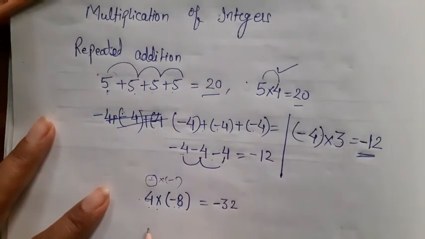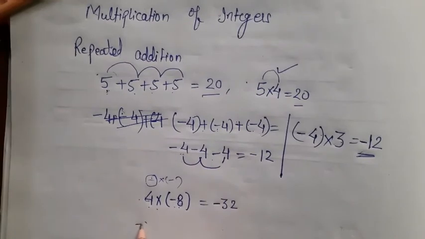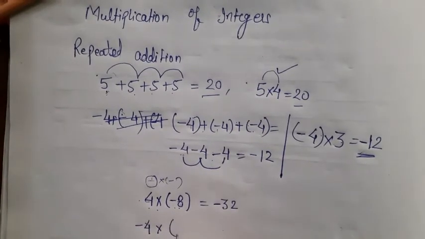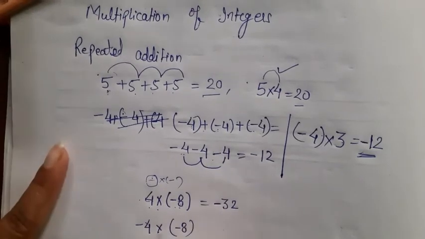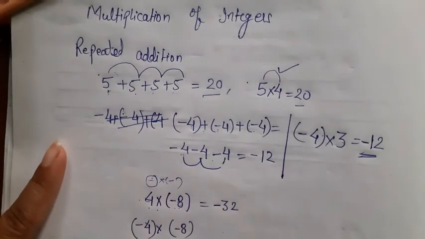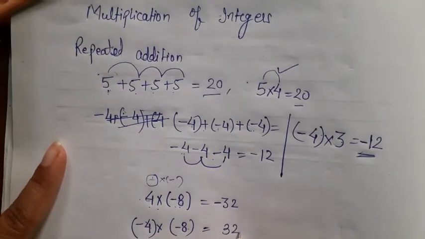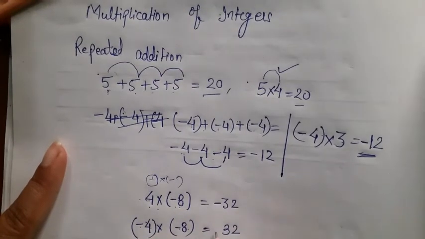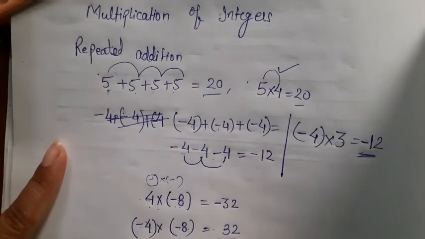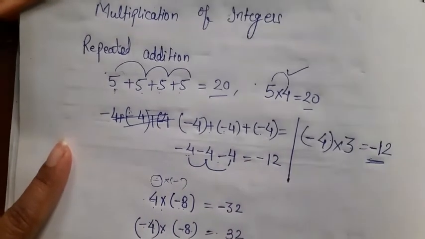Again, if we have minus 4 and the second is minus 8, both integers are negative here. So 4 times 8 is 32, and minus minus is a plus sign, so we get plus 32.